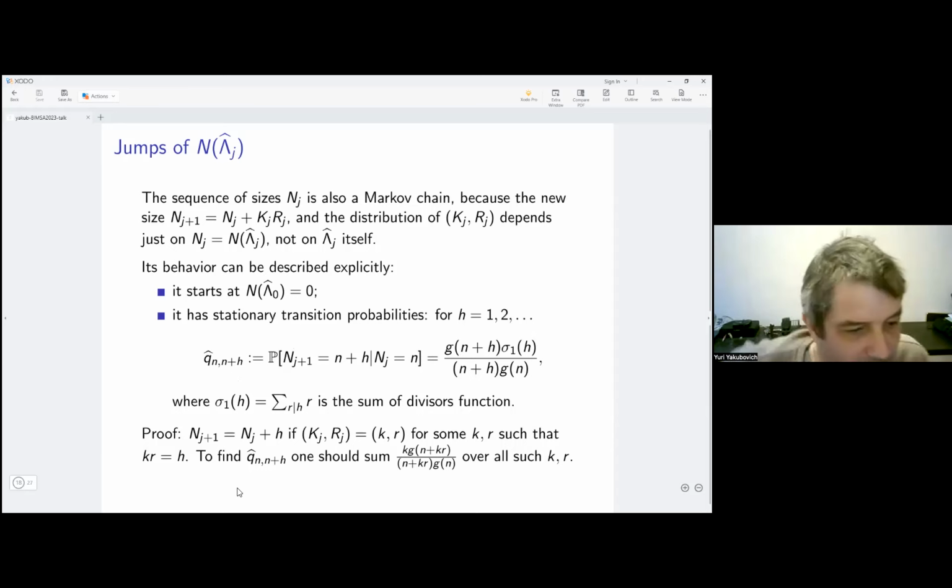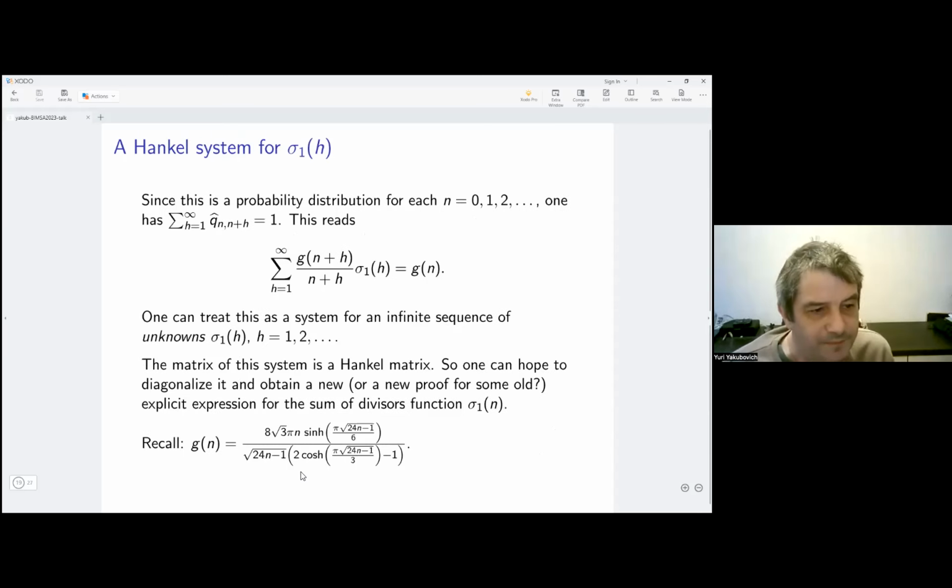So I have to go quick, so I will skip a proof. And what I wanted to mention is that this is a probability distribution for each n, and it means that an infinite system of equalities holds. It is just the same written in the opposite way.